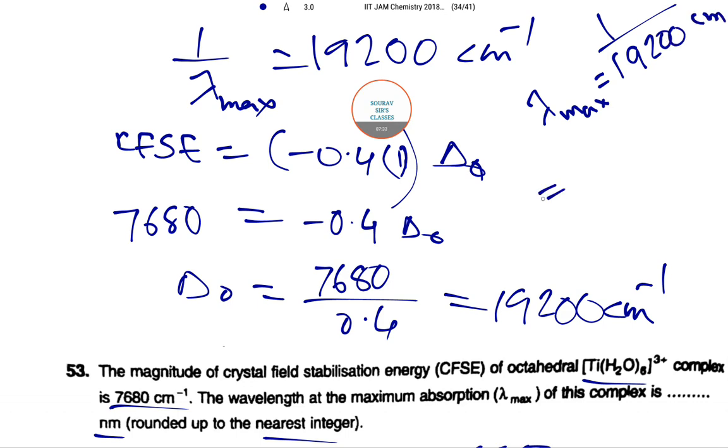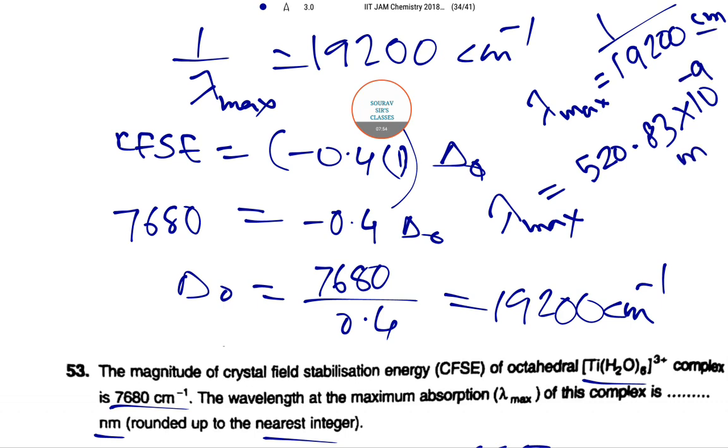So lambda max will be equal to 520.83 into, we are converting the expression from centimeter to meter, and subsequently 10 to the minus 9 is nanometers.